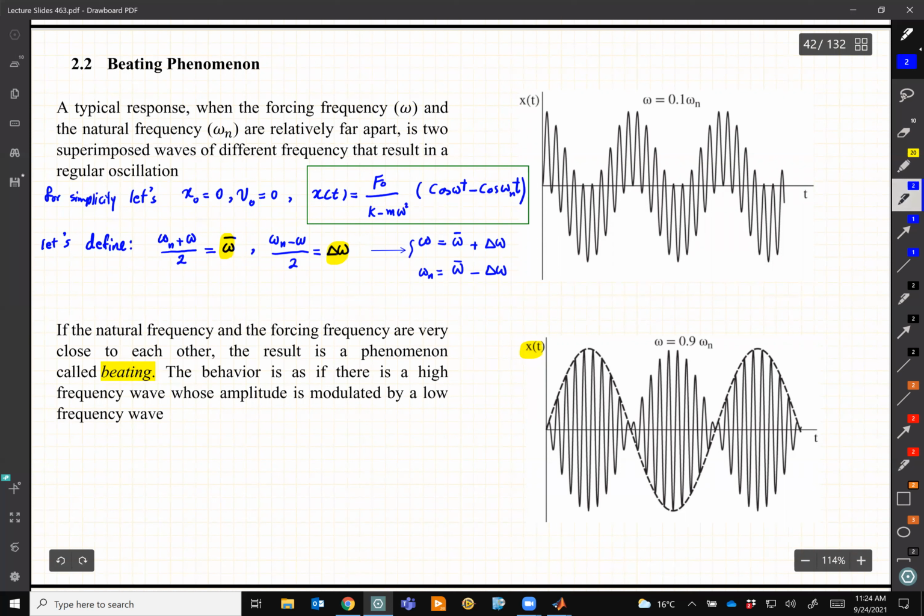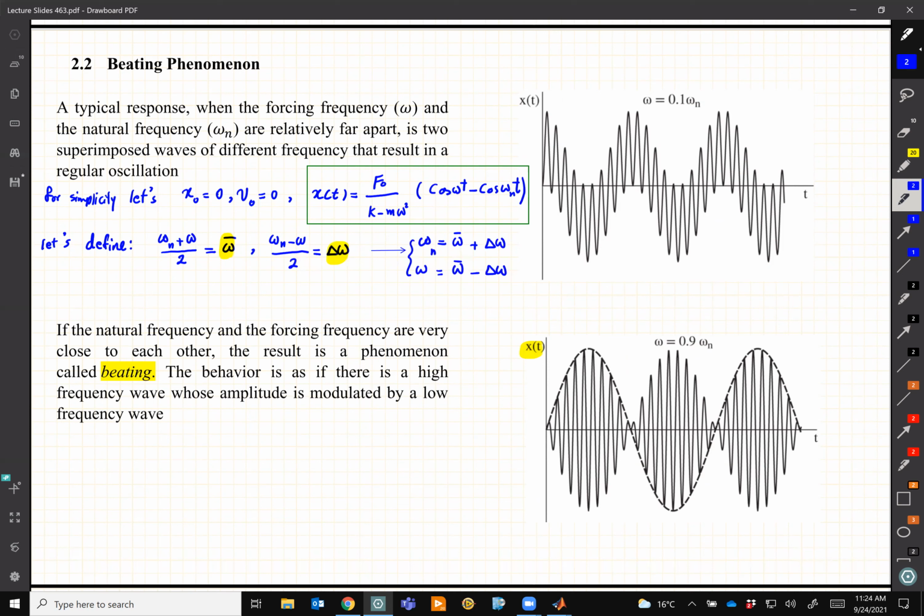Please check my math to make sure this is correct. So if I add these two equations, I would get omega n, which is omega bar plus, no, this is omega n. So this is omega. And if I subtract them, omega bar minus omega, yes, I would get that.